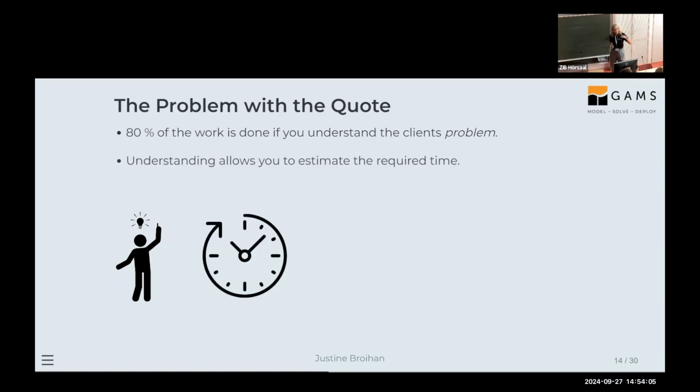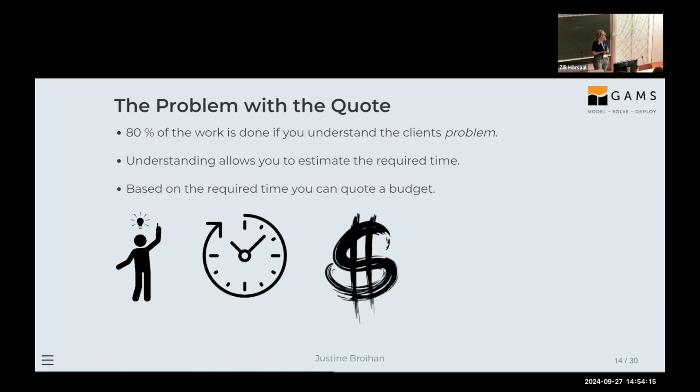But understanding allows you then to estimate the time you need to put into this optimization project. And when you know how much time you need to actually work on this project, you can come up with a well-calculated budget, with a quote for the client.